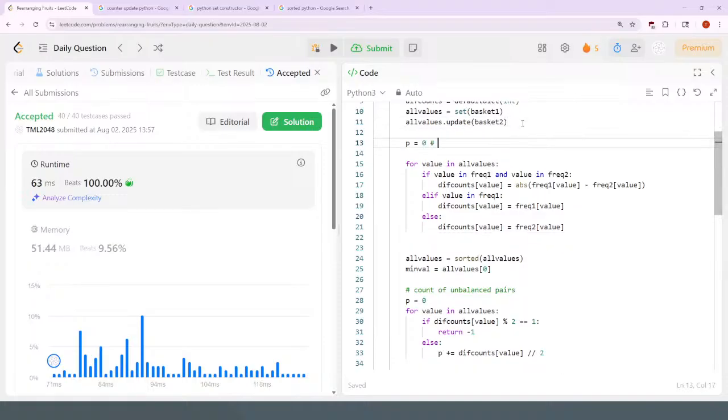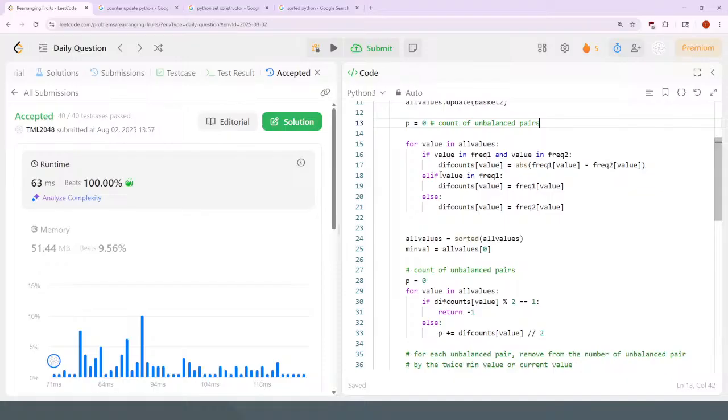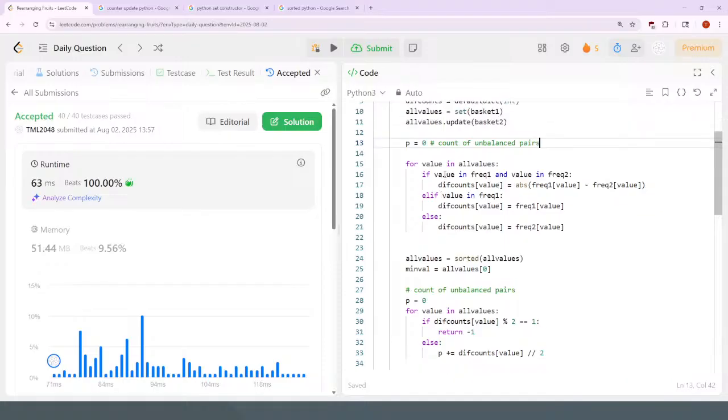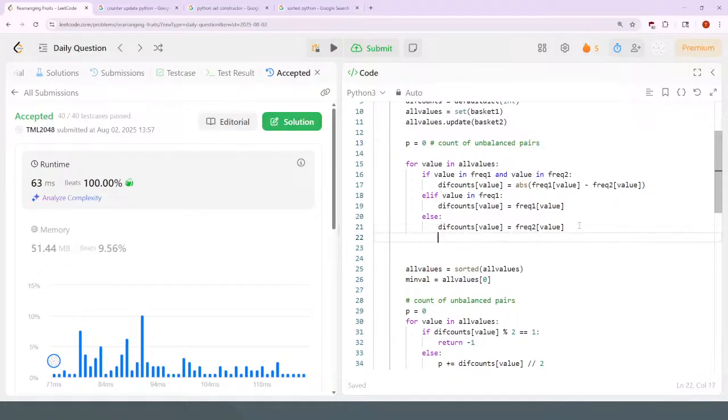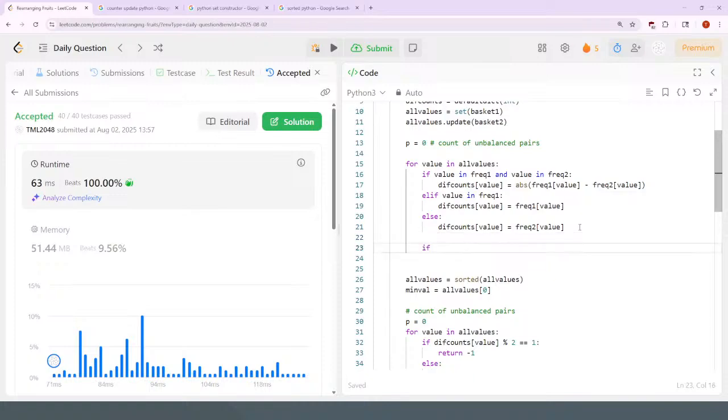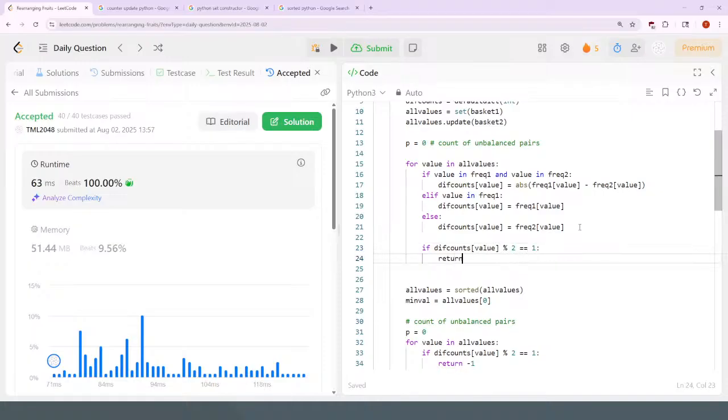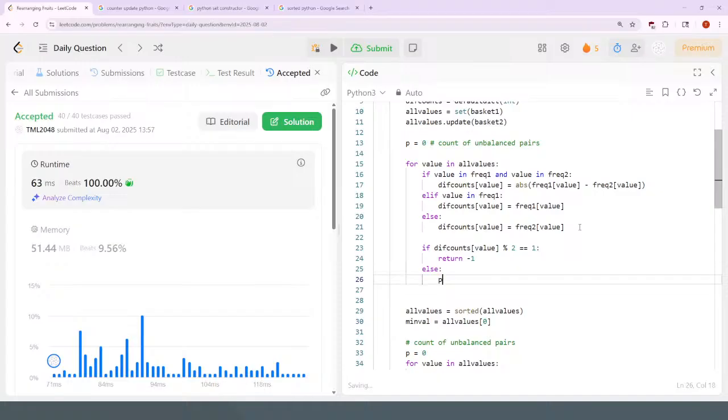P equals 0. This is the count of unbalanced pairs. So here I can do something like if diff counts of this value mod 2 equals 1, then return -1, else p plus equals diff counts of this value divided by 2.